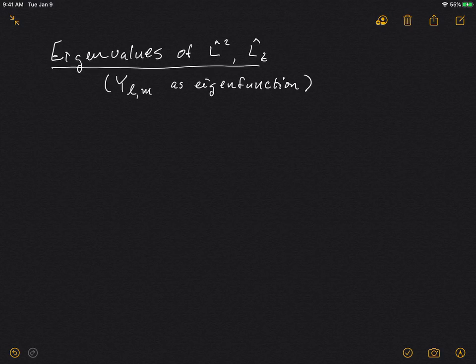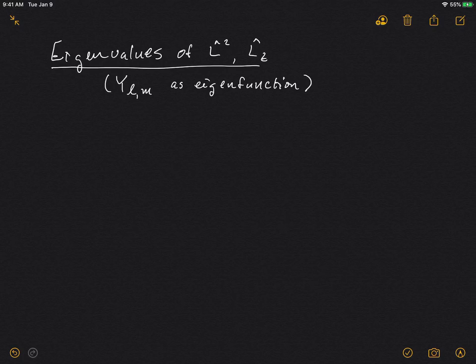We're going to back out what the eigenvalues for L squared are by a mathematical argument, not by the direct route. So we're going to go an indirect route.